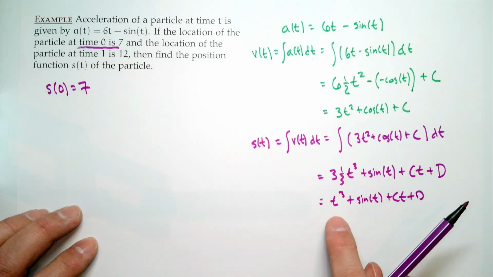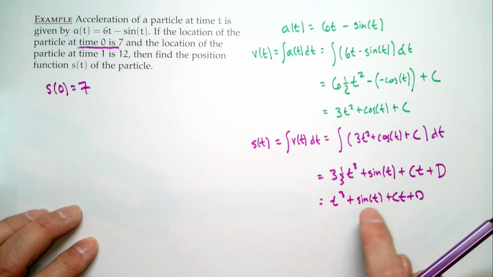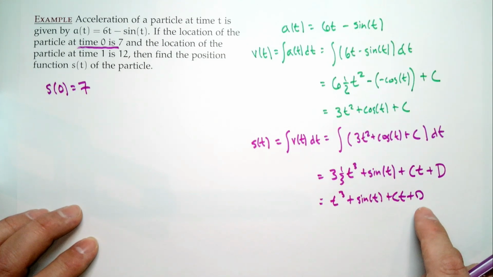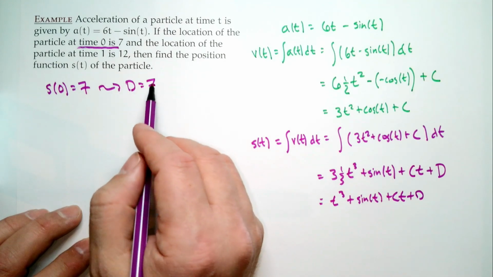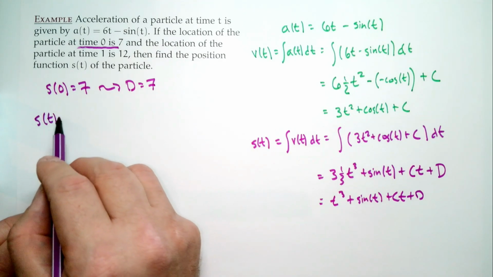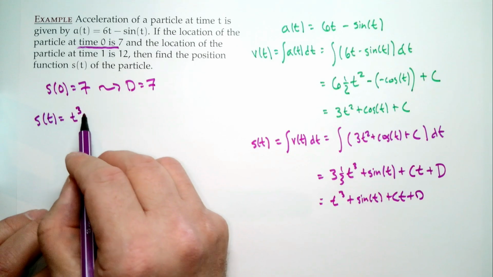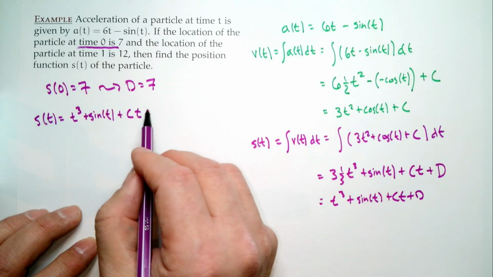If I plug 0 into this expression, what do we get? Well, you get 0 and 0 and 0 and d. So this tells us that d equals 7. So now I can update and say s of t is t cubed plus sine of t plus c times t plus 7.